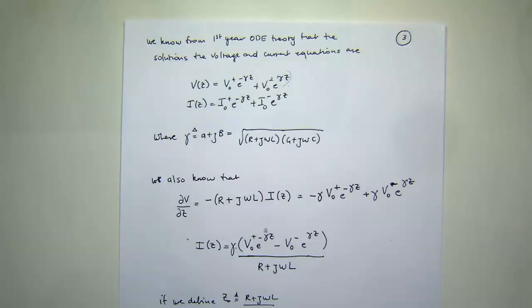E to the minus gamma z is the solution moving towards positive z, and e to the gamma z is the solution moving backwards towards minus z. Okay? That's just your first year maths.